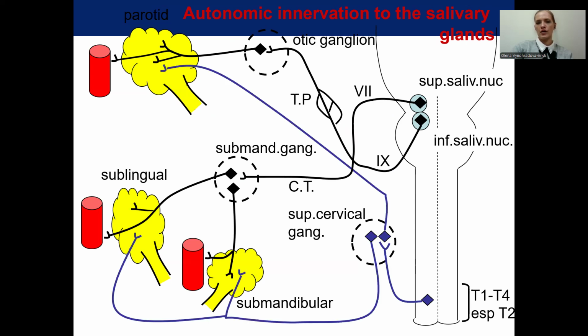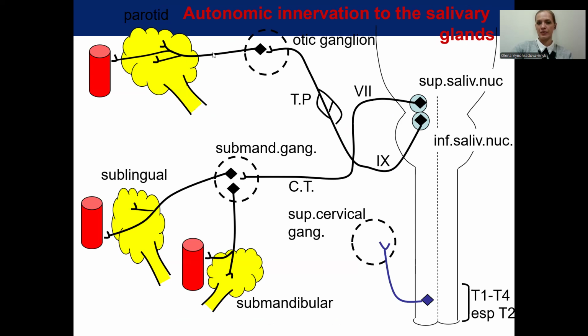When we are talking about innervation by the parasympathetic system, by the way, you can see that this innervation of different glands happens by different nerves. The parasympathetic system is the system of digestion.